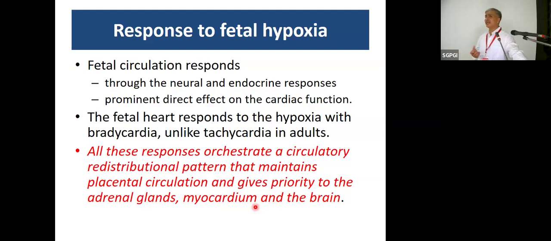We all understand that fetal cardiac output depends heavily on heart rate, so it will decrease the fetal cardiac output and orchestrate a circulatory redistribution pattern which maintains the placental circulation and perfuses only the major vital organs. That is what the Doppler findings show: AEDF, REDF, increased CPR and ductus venosus changes. This is where hypoxia happens and the Doppler abnormality starts coming in.